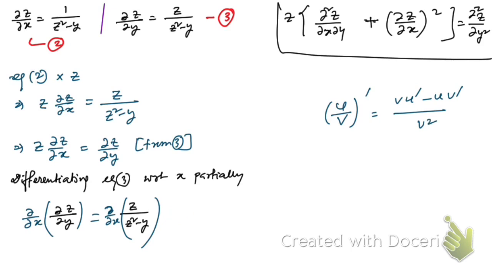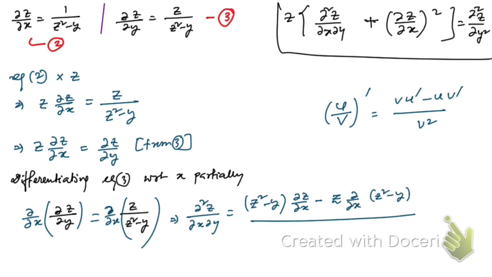So this implies del 2 z by del x del y is equal to, on the other side, the denominator is z square minus y and the derivative of the numerator is z, differentiating with respect to x, so del z by del x, minus the numerator z times the derivative of the denominator, that means d by dx of z square minus y, divided by the denominator square, that is z square minus y whole square.